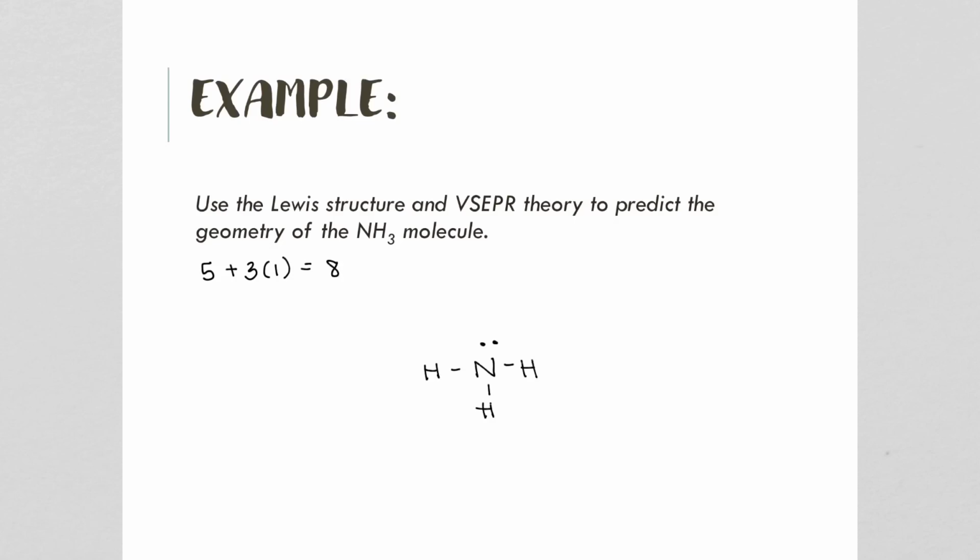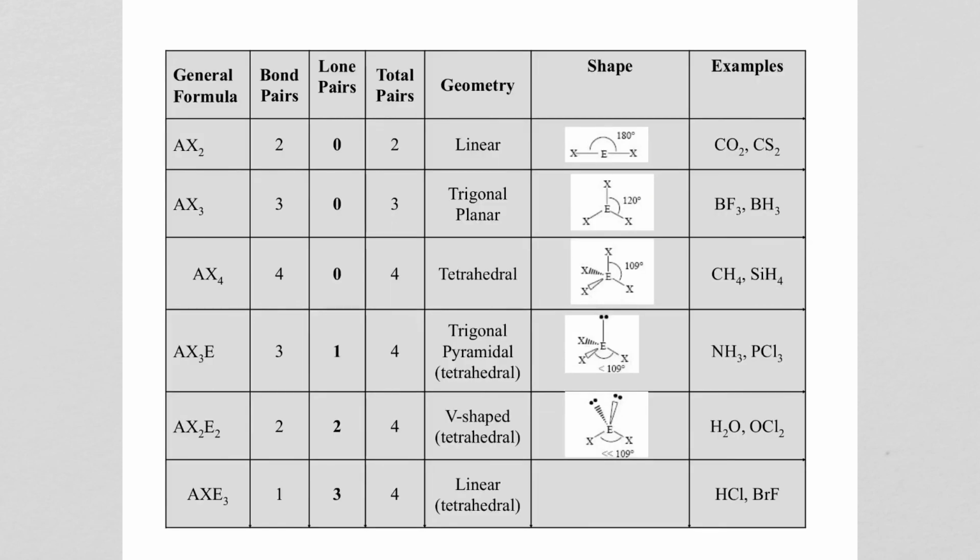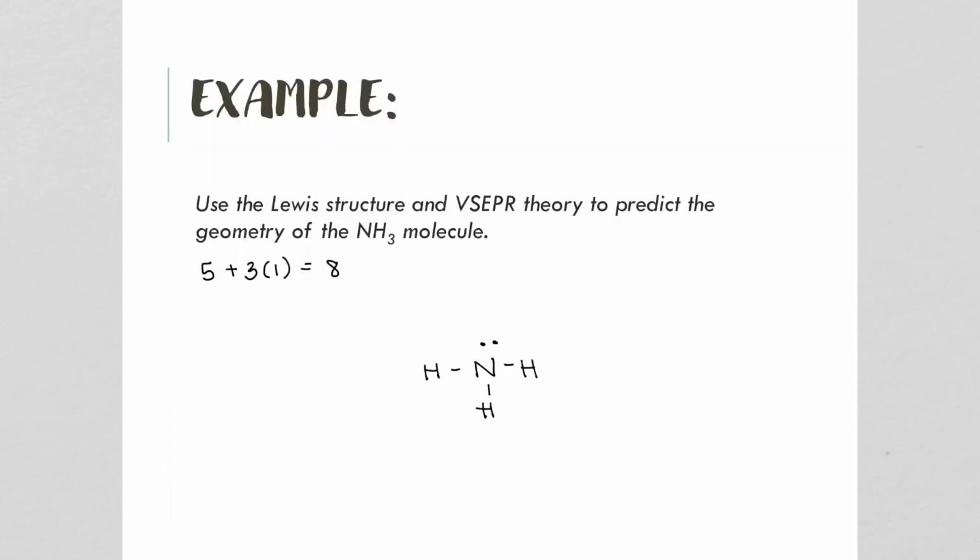Then we can see that there are 3 bonding pairs and 1 lone pair of electrons. If we go back to our table, or from what we learned, that's a total of 4, so our shape is trigonal pyramidal.